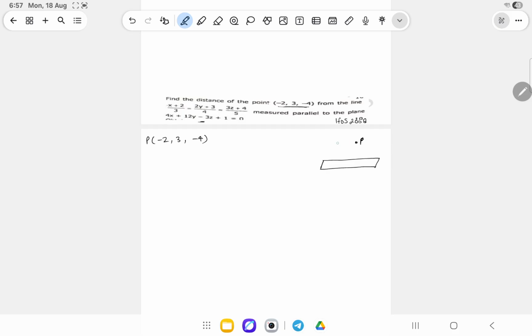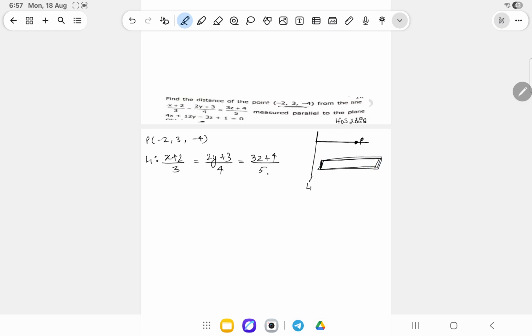Any line passing via P which is parallel to the given plane will be something like this. We are supposed to calculate the distance, and let this line be L1: (x plus 2)/3 equals (2y plus 3)/4 equals (3z plus 4)/5. We are supposed to find the distance of this point P from this line L1 parallel to this plane.